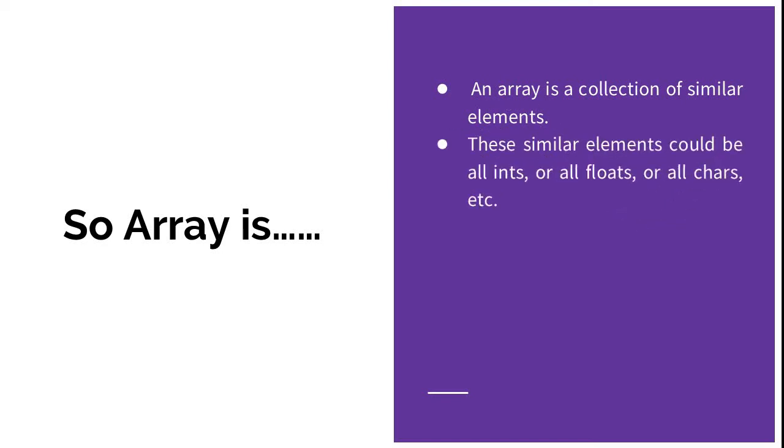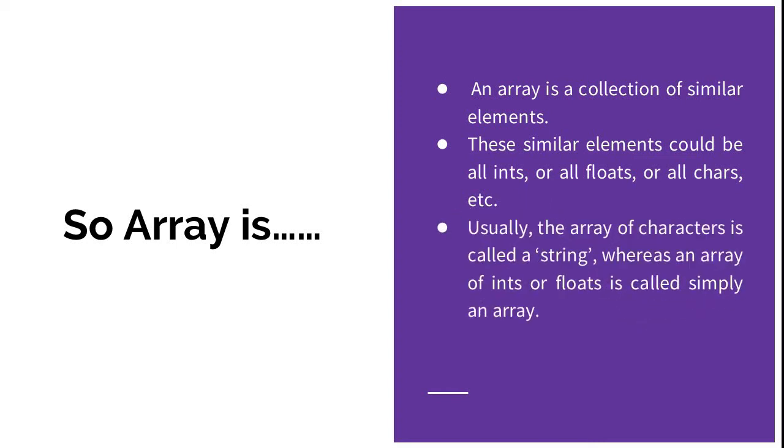These similar elements could be all integers, all floats, all characters, or other different data types. An array of characters is called a string, whereas an array of integers or floats is simply called an array.